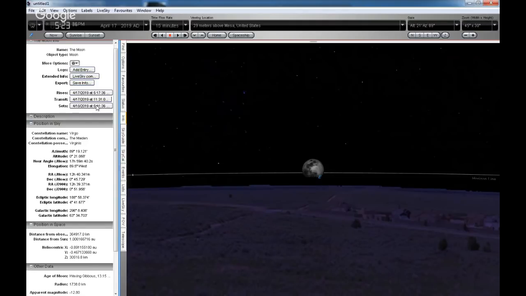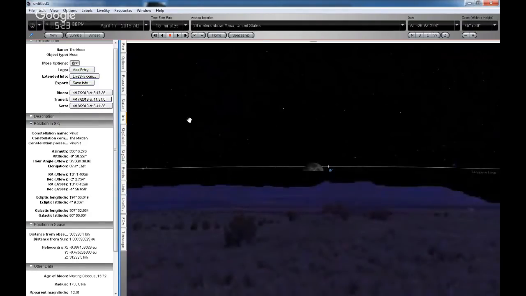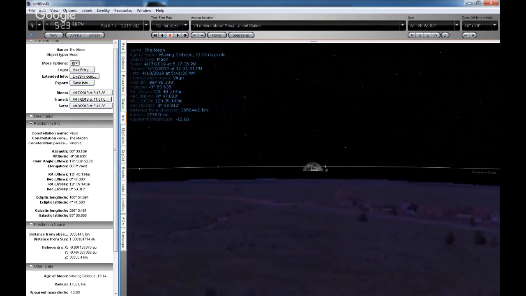And then when it sets on the other side of the sky, it's setting almost due west. So it would seem to stand to reason that if we started with the Sea of Crisis at the top of the moon, the Sea of Crisis would be at the bottom when the moon had crossed the sky, wouldn't it?